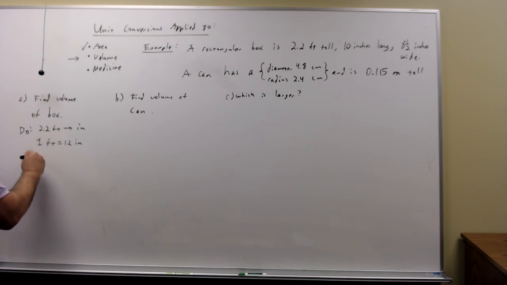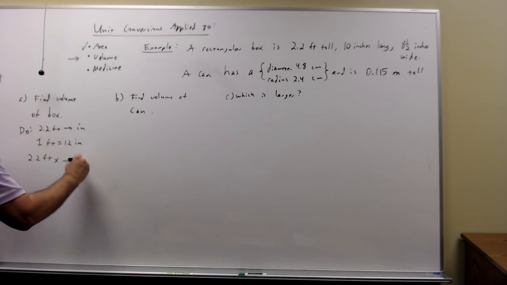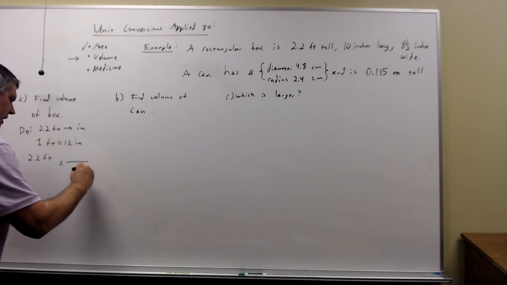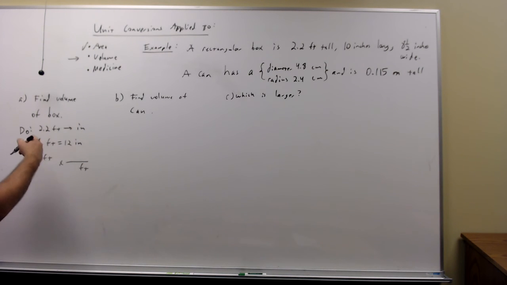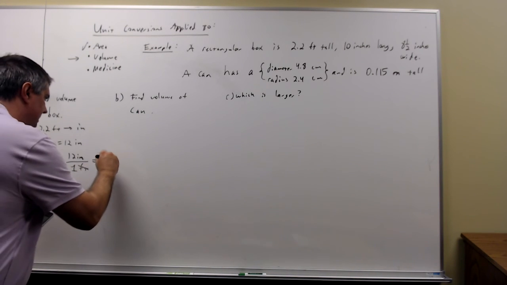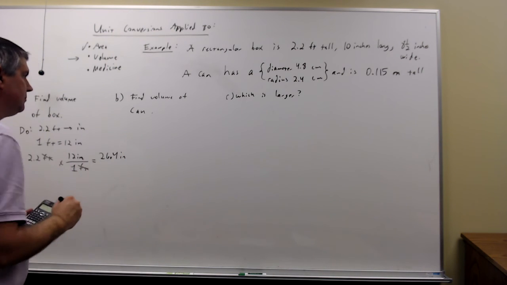So 2.2 feet times, the feet are unwanted, so I'll put feet on the diagonal to it. 1 will follow the foot, and then I have 12 inches up here. Cancel the feet. 12 times 2.2 is 26.4 inches.